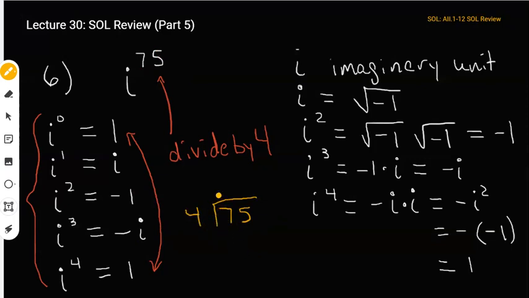Okay, so what's 75 divided by 4? I know that 4 can go into 7 once. 1 times 4 is 4. And when we subtract 7 and 4, we get 3. And then I bring down the 5. So how many times does 4 go into 35?